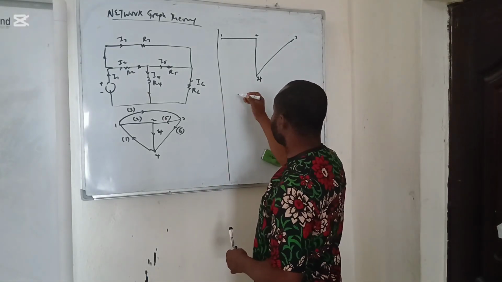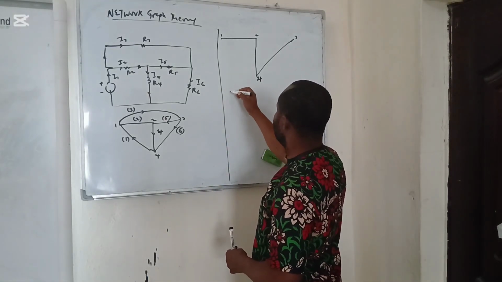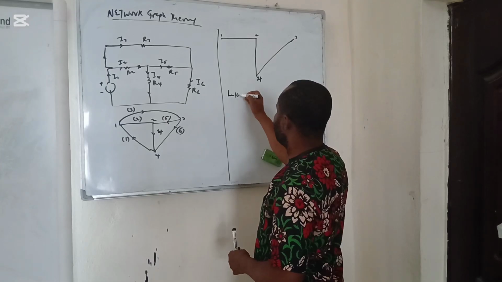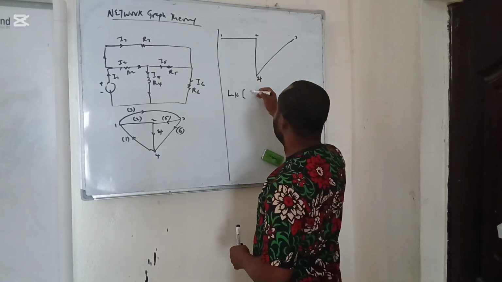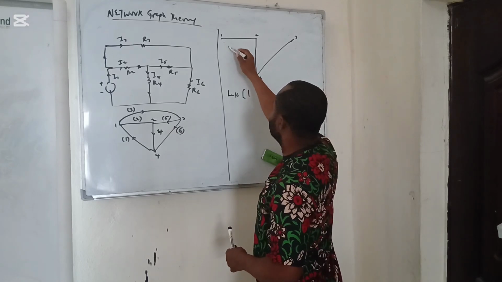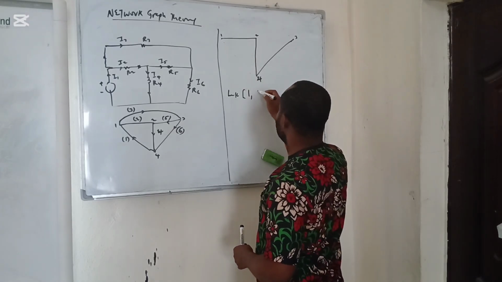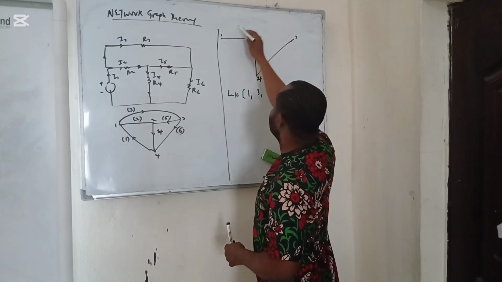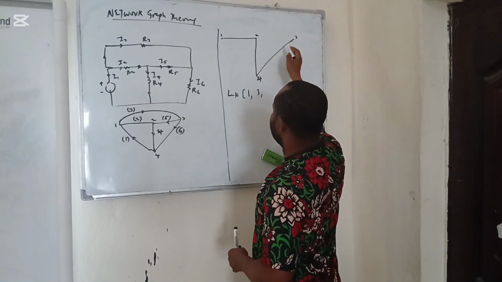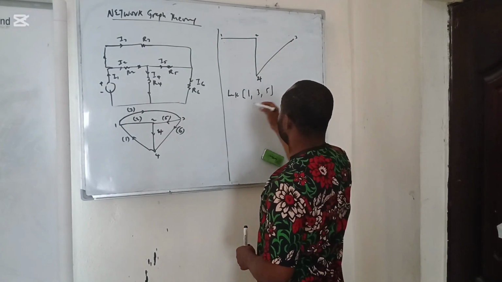So we have branches, and the links are the missing branches. We have 1, we also have 3 that is missing, and finally 5 is missing.